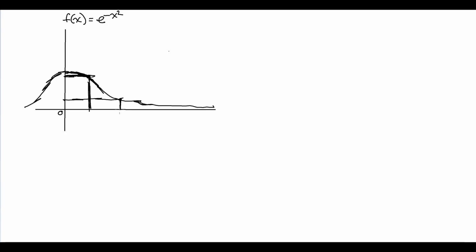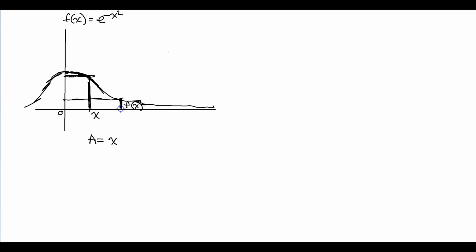So let's see what we can do here. How can we express the area of this rectangle? The area of the rectangle is A equals x, we're going to define this as x, times f of x.